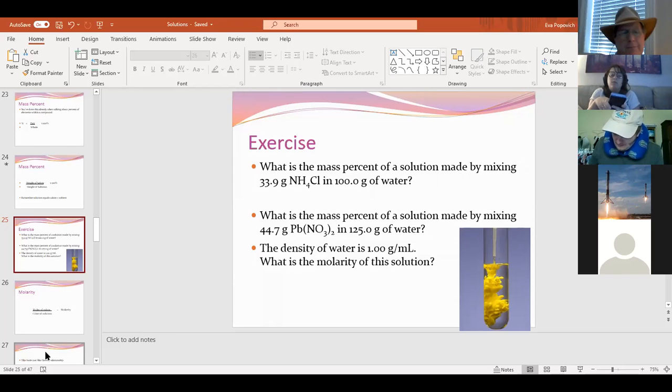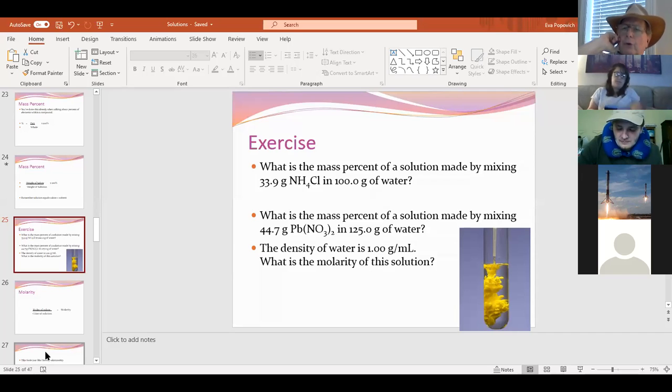Wait, you're adding them together? Absolutely. So it's 133.9. Well, the mass percent is going to be 33.9 divided by 133.9. So instead of having 0.25, it's 25.3%.